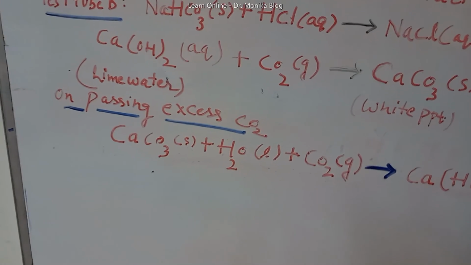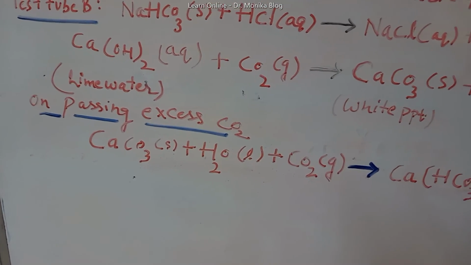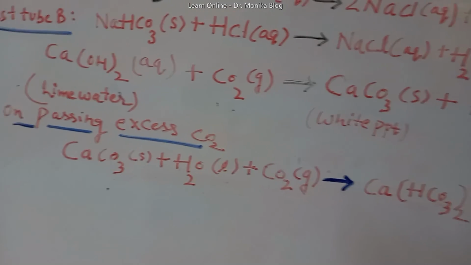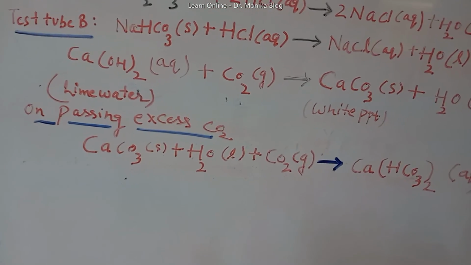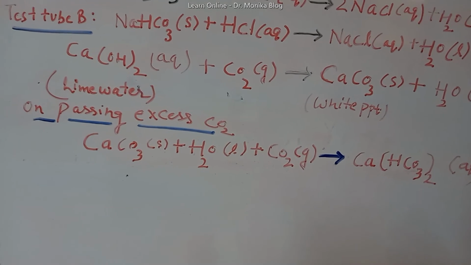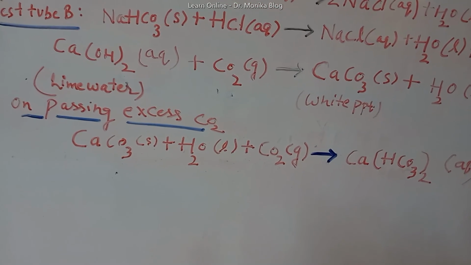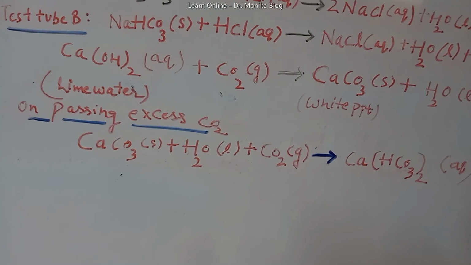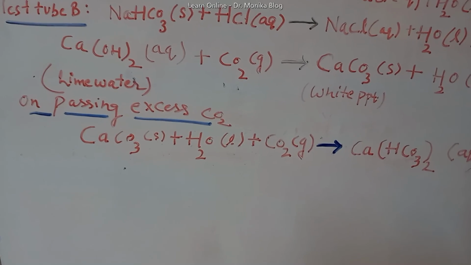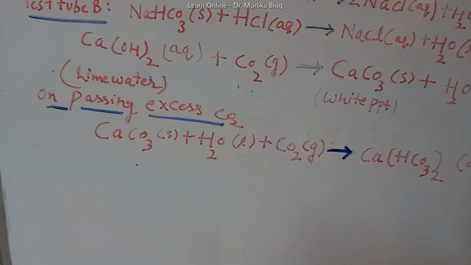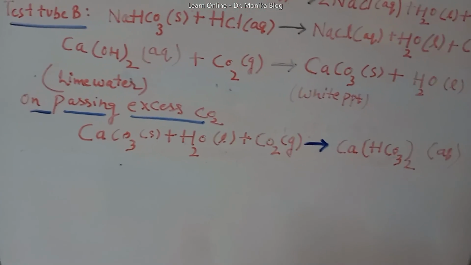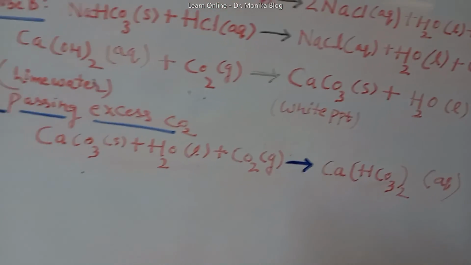Marble, chalk, and limestone are different forms of calcium carbonate. All the metal carbonates and hydrogen carbonates react with acid and give the corresponding salt, carbon dioxide and water.